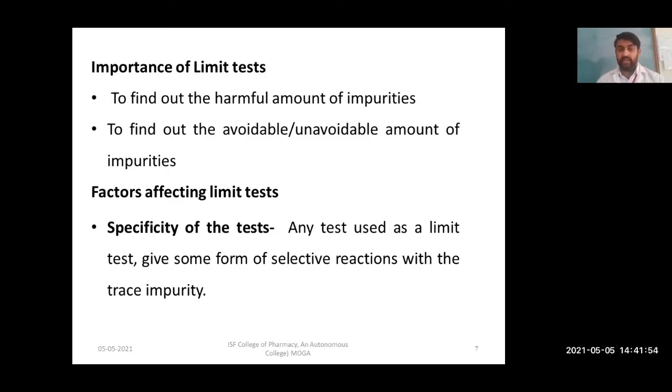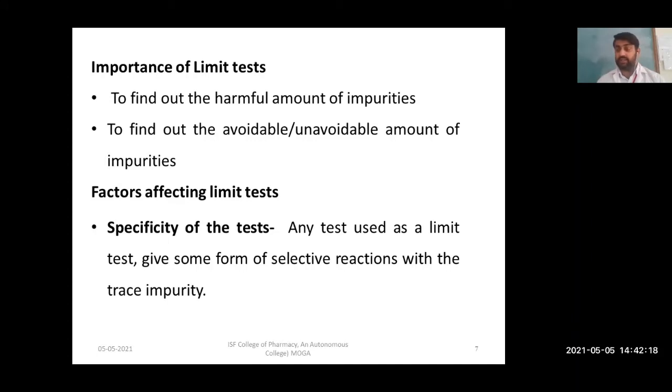So what are the various factors that affect the limit test? First is the specificity of the test. Any test used as a limit test gives some form of selective reaction with the trace impurities. So this is very much the selectivity or specificity of these tests.